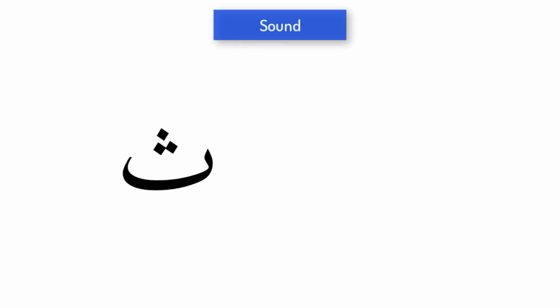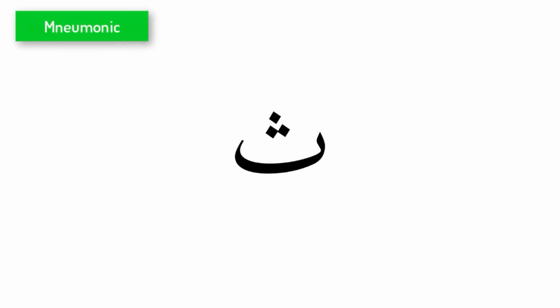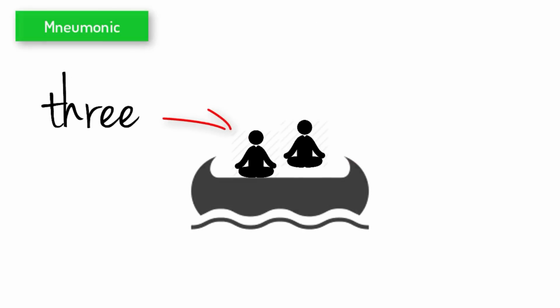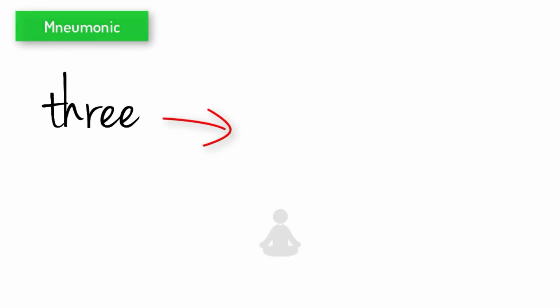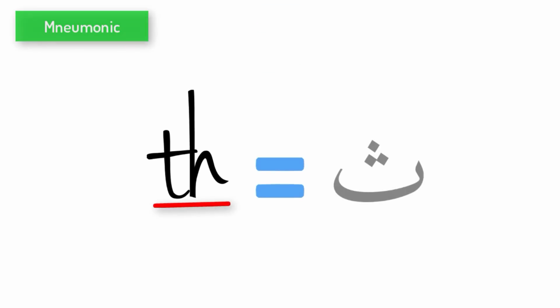The sound that it produces is in fact the same as the th sound in the word three. When trying to remember the sound of the letter, imagine the three dots representing three men this time aboard that same boat. Now that should remind you of the th sound that this letter represents.